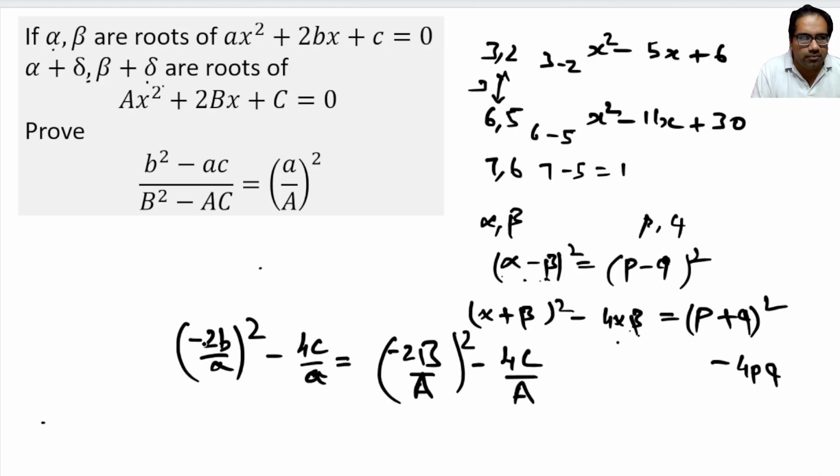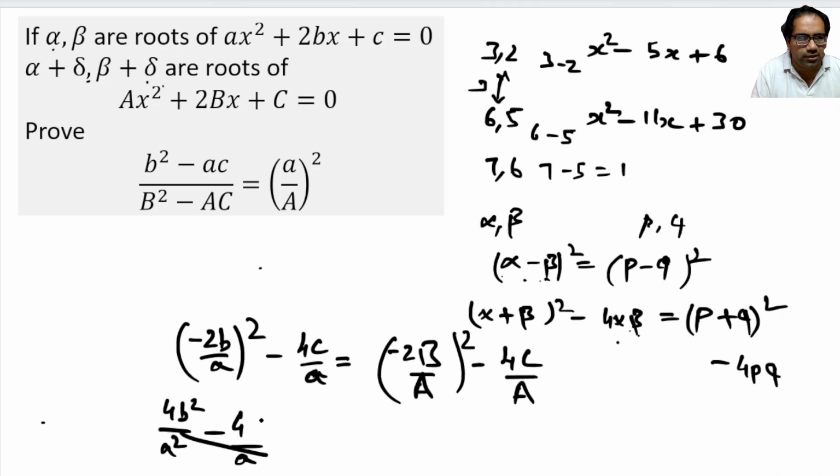What does that mean? Minus 2b whole square is 4b square by a square, on the left hand side, minus 4c by a. We can make it as total 4ac by a square.